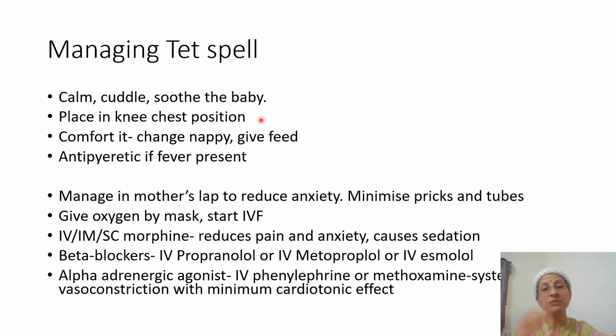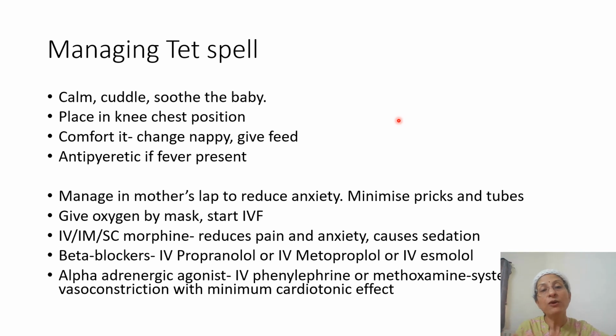So this knee-chest position is what we'll be showing you later, in which the hip joint and the knee joint, both the joints are completely flexed such that the knees are pressing onto the baby's abdomen. Now I'll tell you how this situation will help the baby to get relieved from the TET spell. You all know about the femoral arteries and the femoral veins which are traversing through the inguinal region.